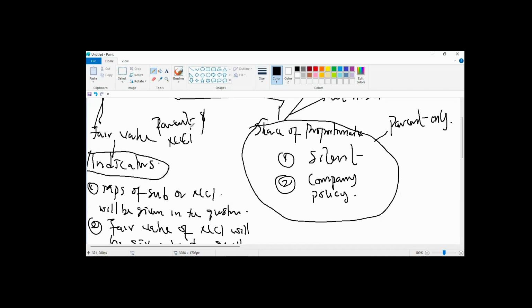Now, even in fair value, my brothers and sisters, the goodwill of the parent is share proportionate. That means, in summary, the goodwill of the parent is share proportionate in the two methods.